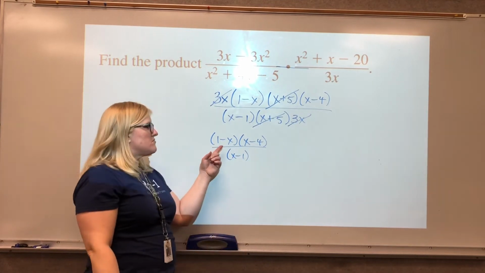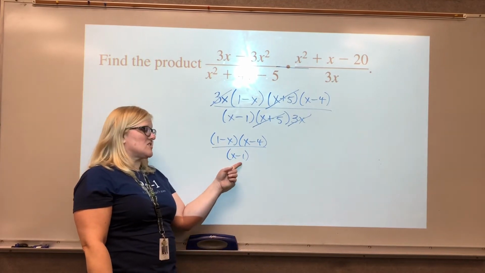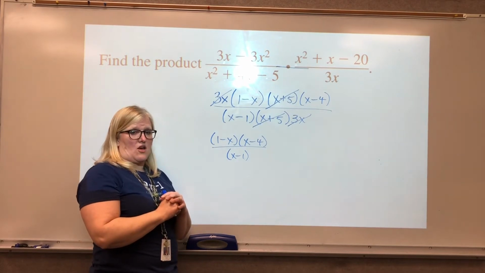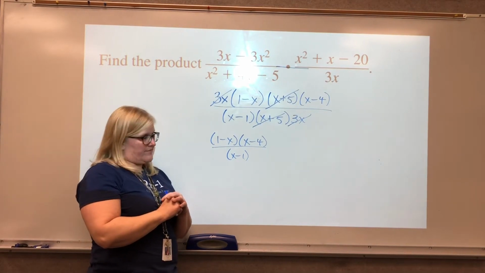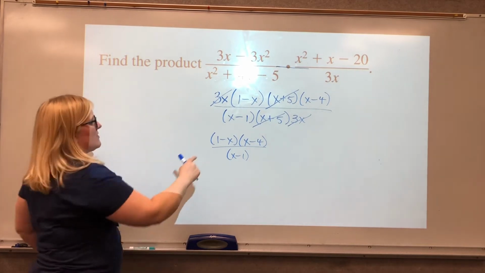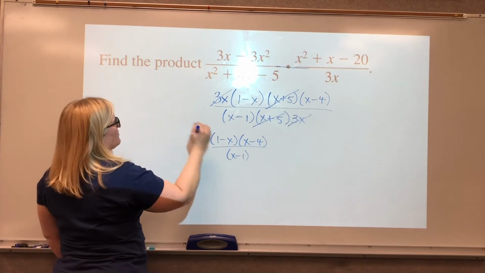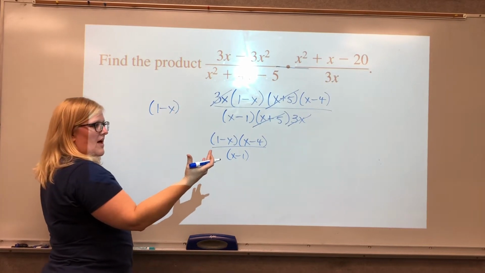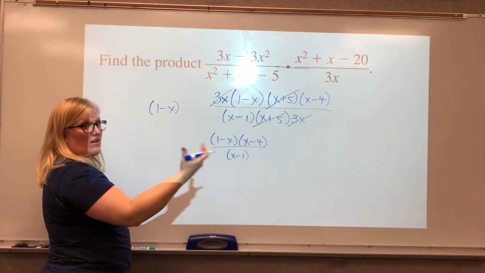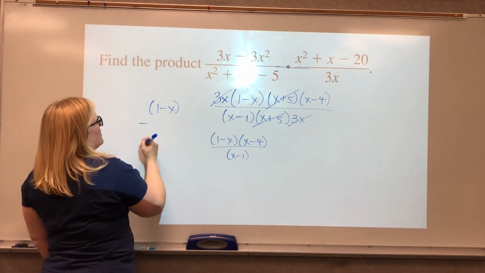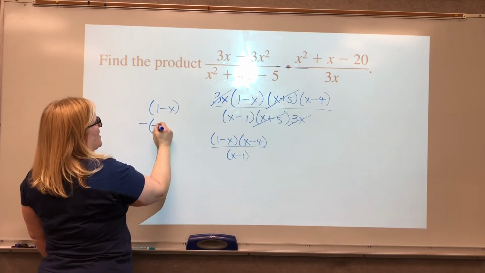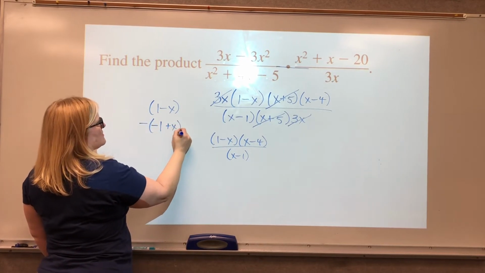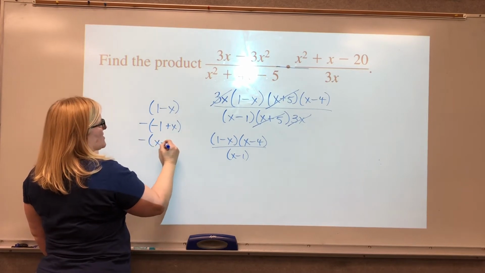Now can I slash 1 minus x over x minus 1? Say no. Good. Okay, so watch this little finagling I do. 1 minus x, if I pull out a negative, this is going to turn into a negative x plus 1, which is the same thing as x minus 1.